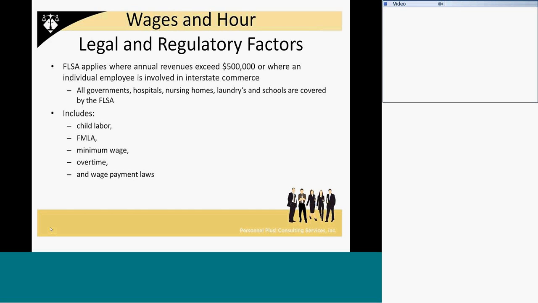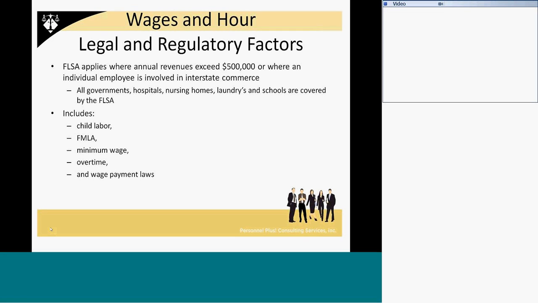And you'll often hear 2 words used. One is enterprise, the other word is establishment. Enterprise refers to the totality of the organization and all of its branches and locations. The term establishment refers to the individual location.